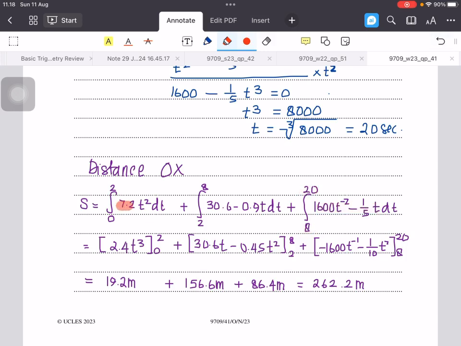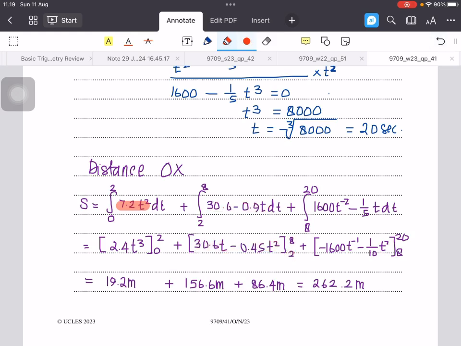And then the integral of 7.2 t squared is 2.4 t cubed from 0 to 2. And then the integral of 30.6 minus 0.9t is 30.6t minus 0.45t squared. The lower boundary is 2, the upper boundary is 8.